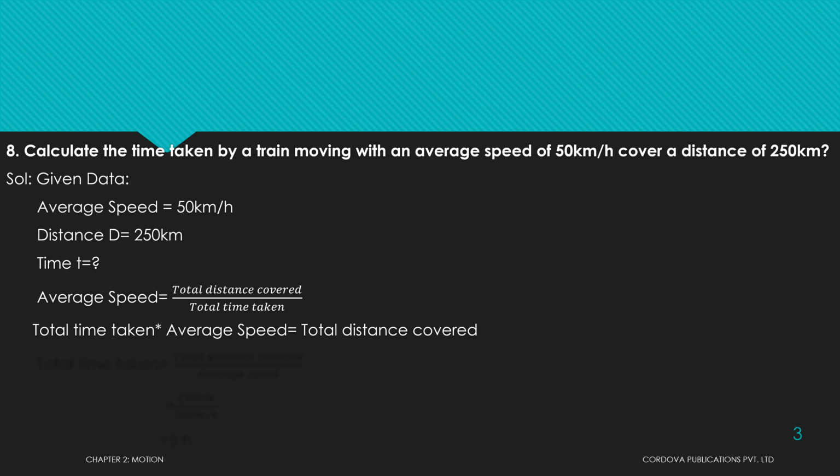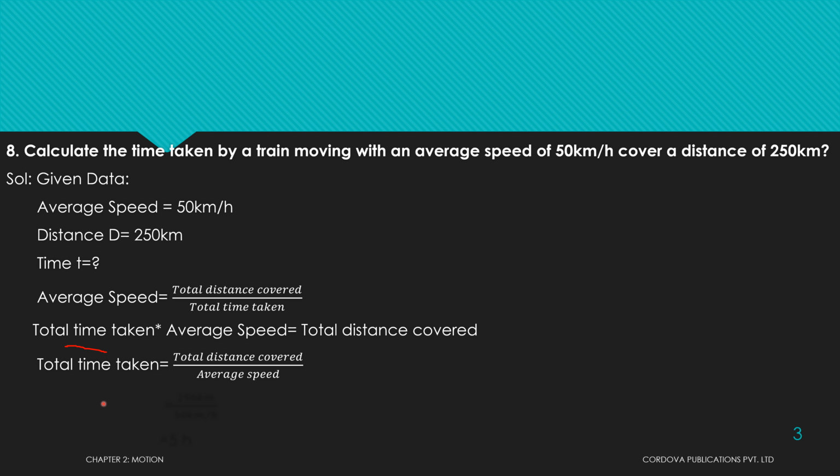We need to find out the time, right? So keep the time in one place and send the average speed to the other side. What is the sign between them? It's multiplication, because we are moving this average speed across the equal to. Multiplication becomes division. That means total time taken is equal to total distance covered by average speed.